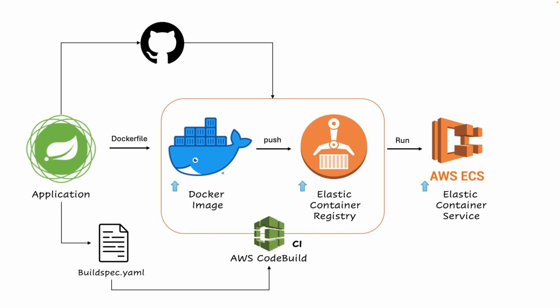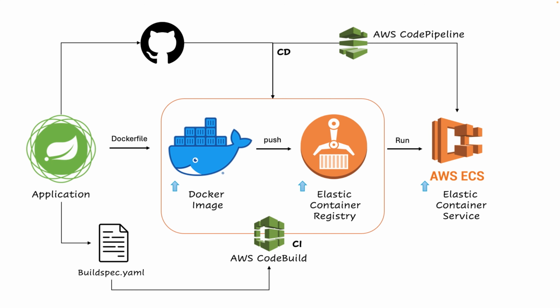Once your image is available in Elastic Container Registry, next you need to deploy that to AWS ECS, which you can consider as your continuous deployment or continuous delivery flow. How can I perform that? To help with continuous delivery or continuous deployment, AWS offers another service called AWS CodePipeline.